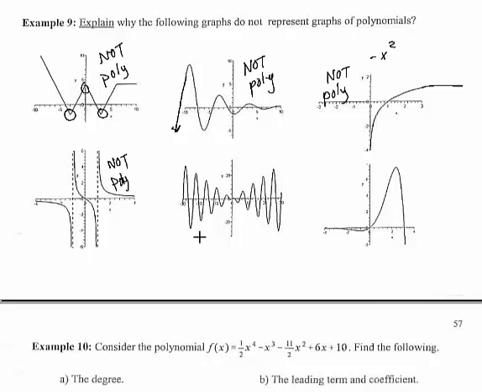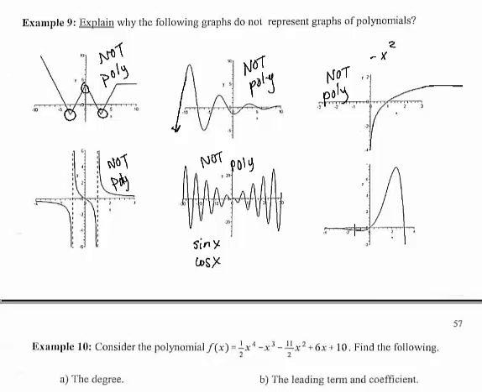More than likely, this is some function of sine, which is a trig function, or you could say sine x. Usually with trig functions, we look at them in the context of angles. So this could be sine x or cosine x. So this is not a polynomial. Again, no definitive end behavior.